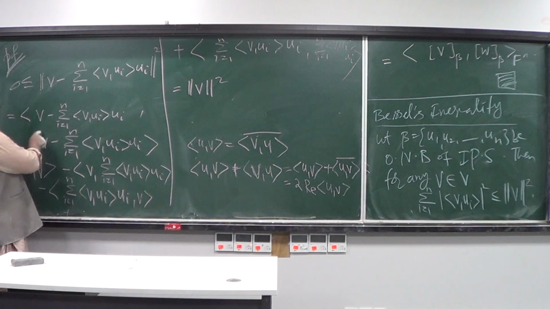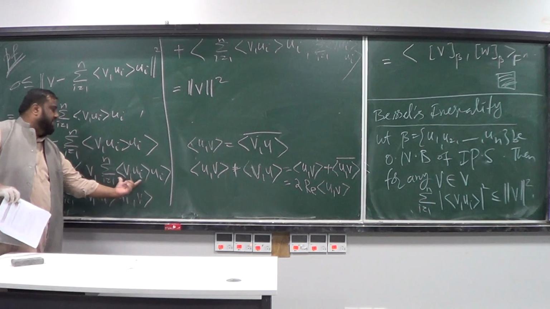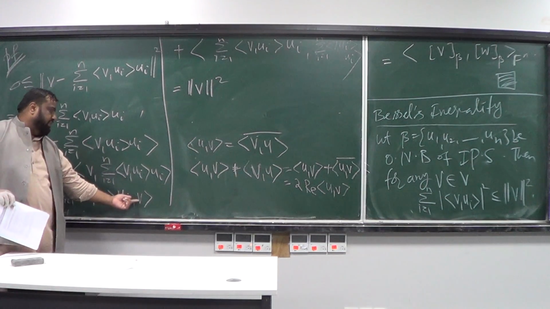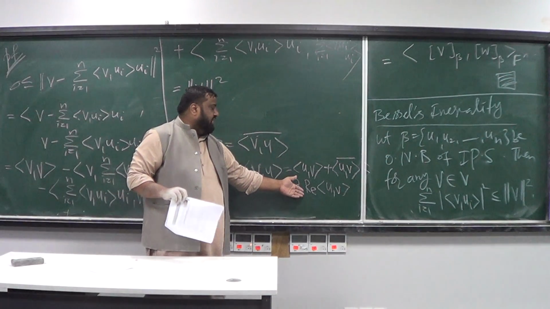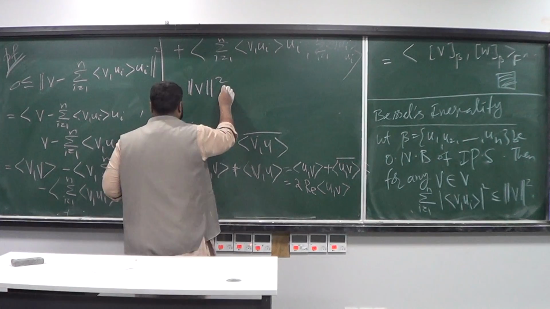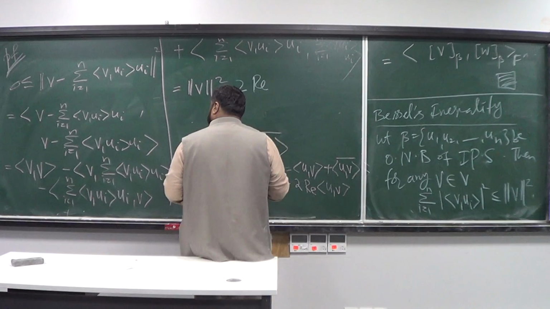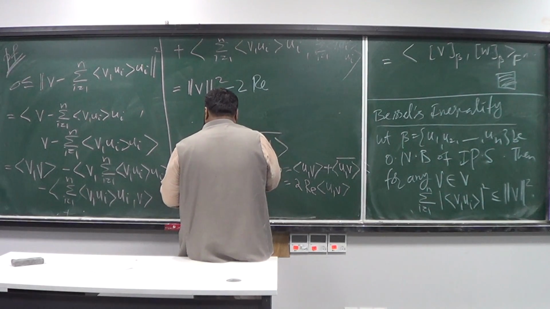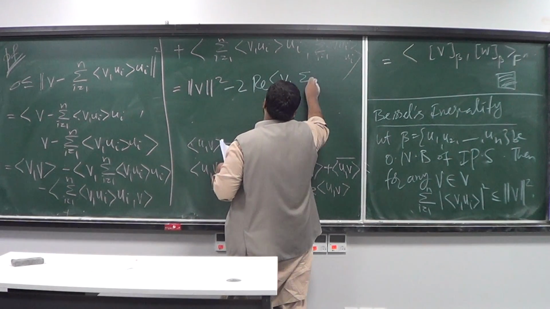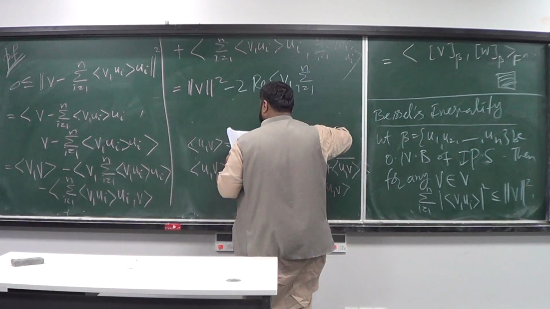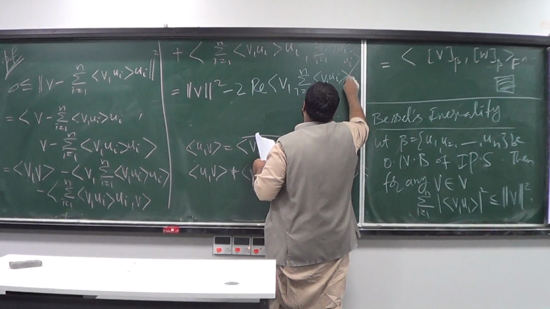Finally, for the first term you have this, and this is like v and this term and v. So if you add these both terms and do this analysis, then this would be equal to minus 2 times the real part of (v, sum from i equal to 1 to n of (v, ui) ui).